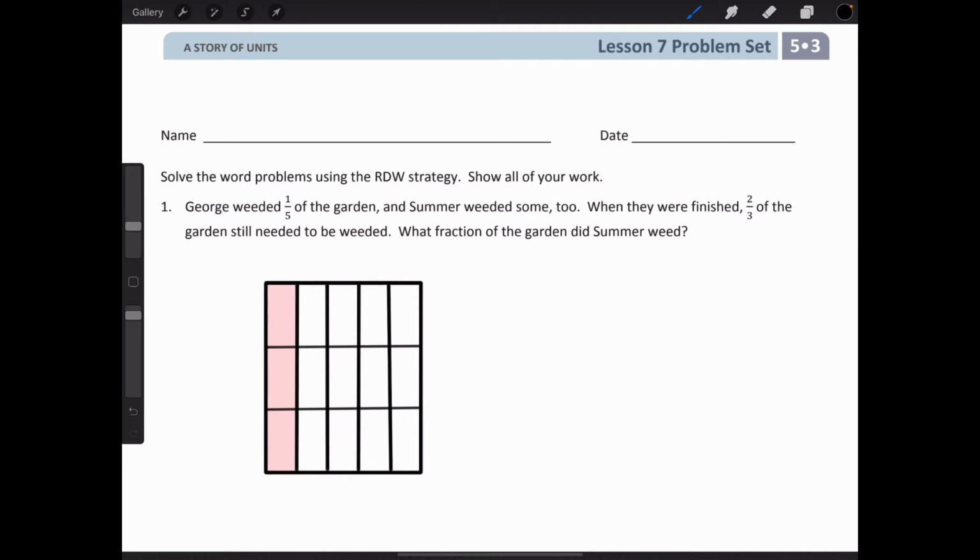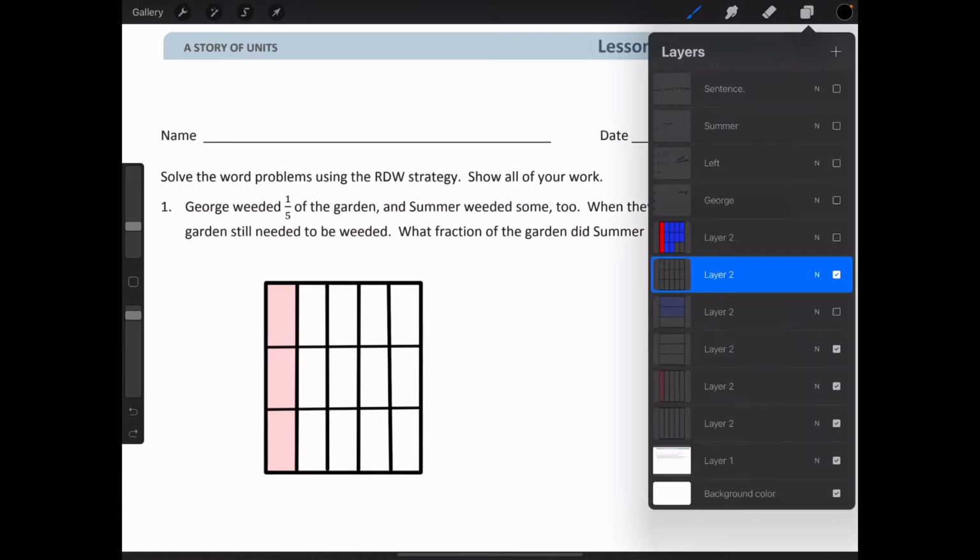Now that I've superimposed my thirds on my fifths, you can see we've created these smaller units. It takes 15 of them to make a whole, so these are 15ths. So we can ask ourselves, if these are 15ths, then we can immediately see what 1/5 equals as 15ths.